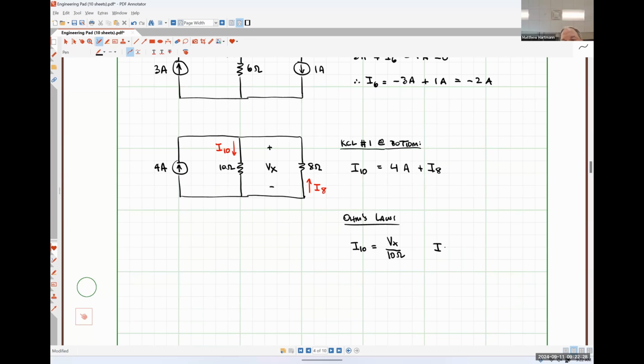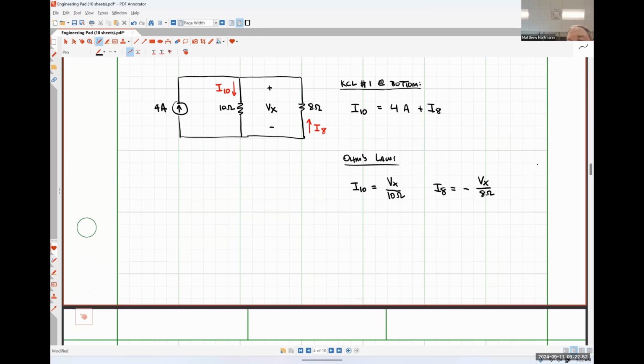Now when we're looking at I8, what should I8 be in terms of Vx? Negative Vx over 8 ohms, because the current is flowing into the negative polarity terminal. We could then substitute those relationships into our KCL equation.